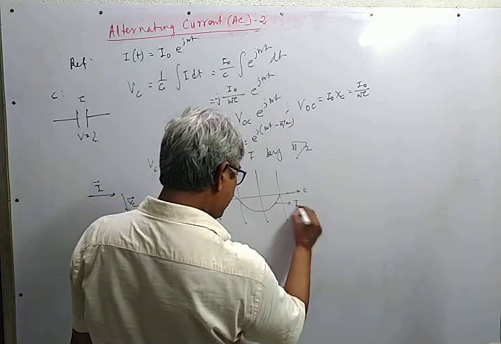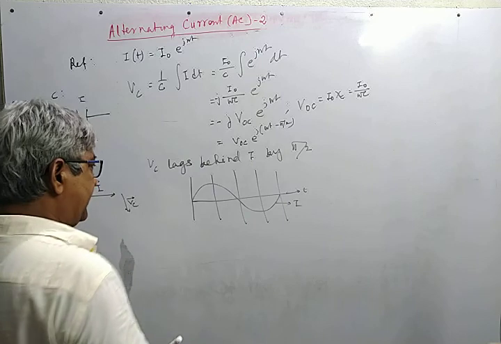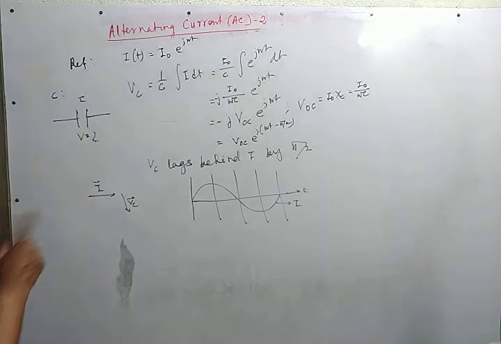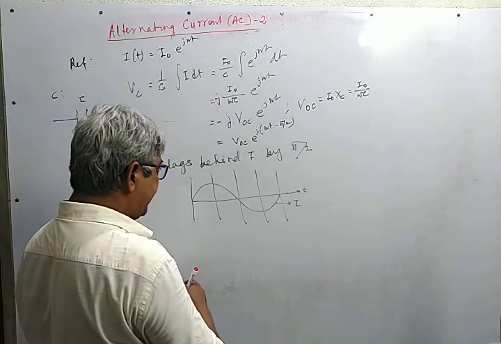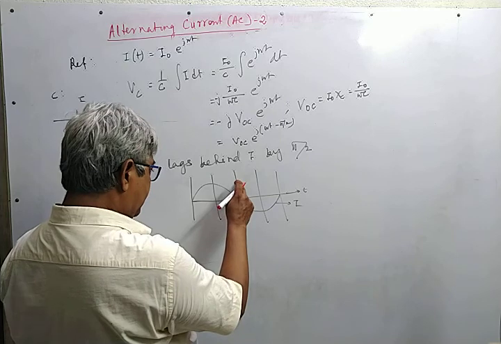This is current, and you see that the Vc lags behind, so Vc will appear its peak over here.